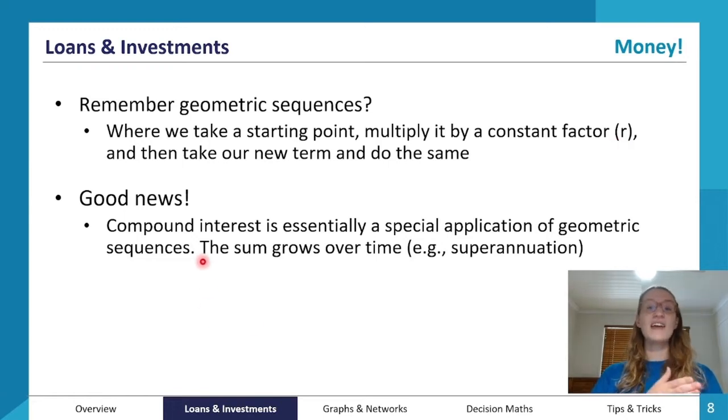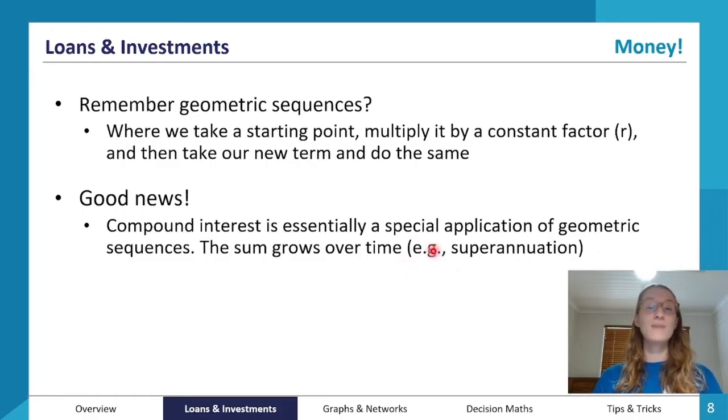And then just like in our geometric sequences, our number grows exponentially as it's multiplied by the constant factor. The same happens in our loans and investments because the sum grows over time.